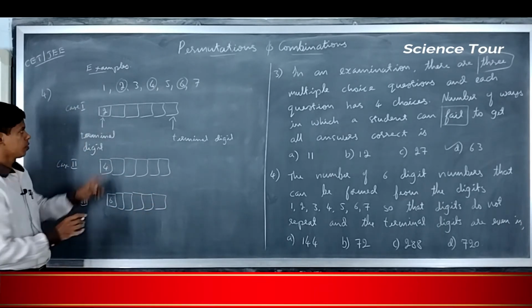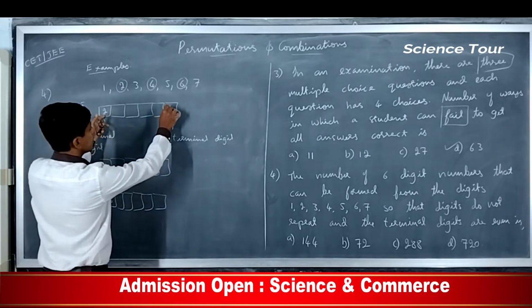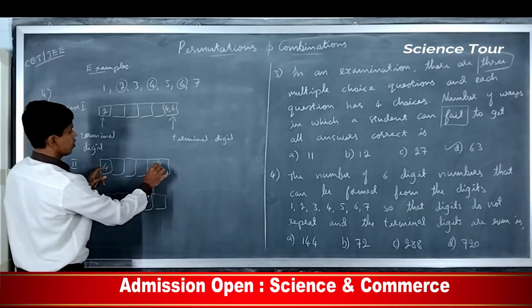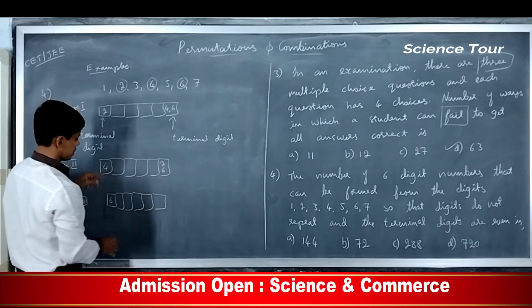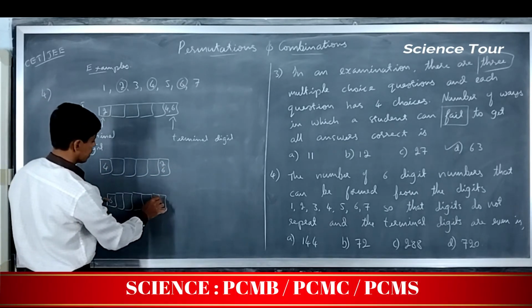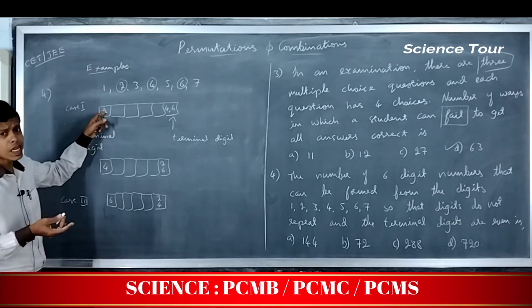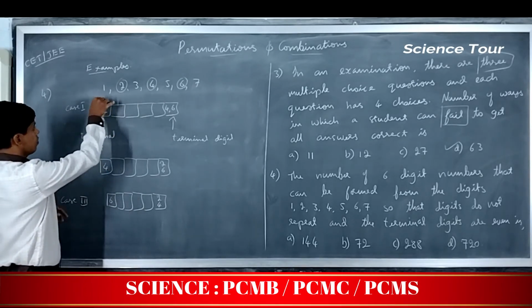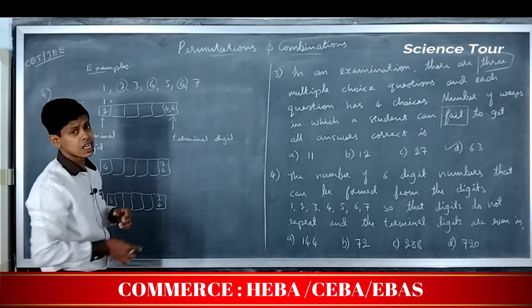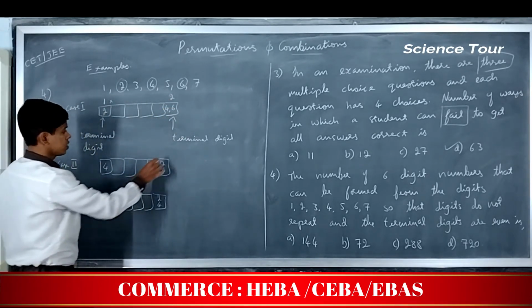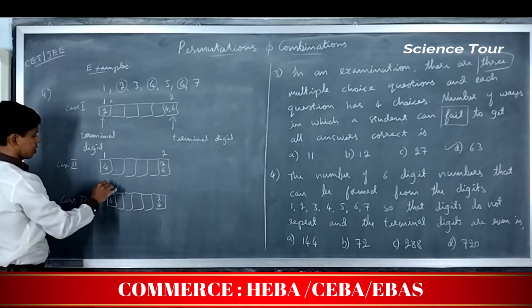Now if you have taken 2 here, you can put 4 or 6. If you have taken 4 here, you can take 2 or 6. If you have taken 6 here, you can take 2 or 4. So here, how many ways you can select 2? Only one way. And how many ways you can select 4 or 6? 2 ways, either 4 or 6. So there are 2 ways. So here also 2 ways, right?